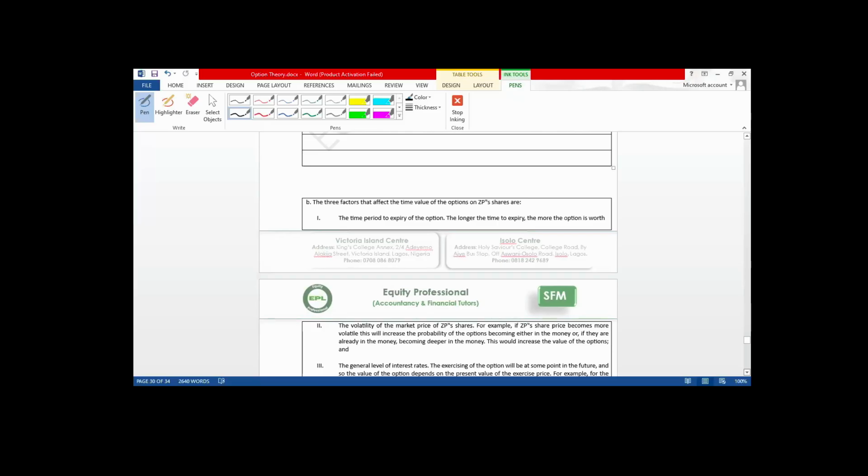The longer the maturity, the more the option is worth. So the maturity period will affect time value. The longer the time to expiration, the more the option is worth.